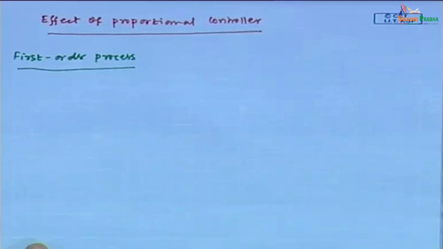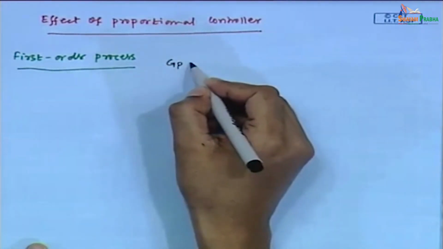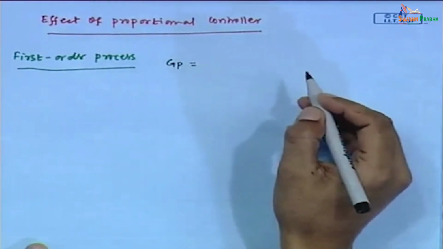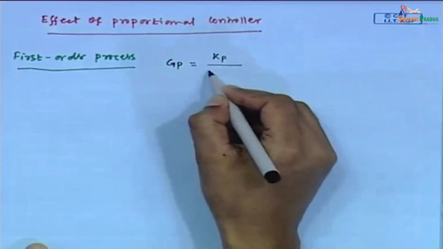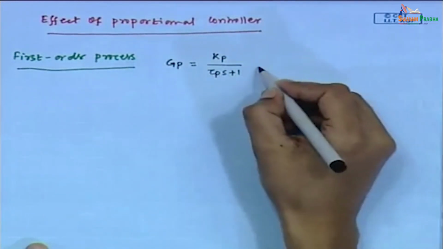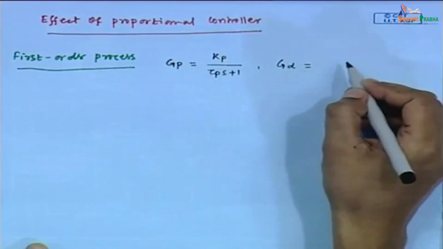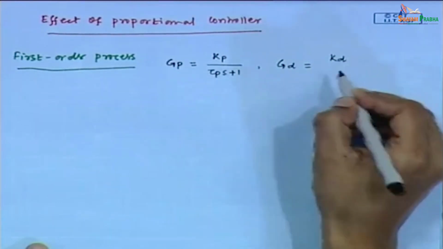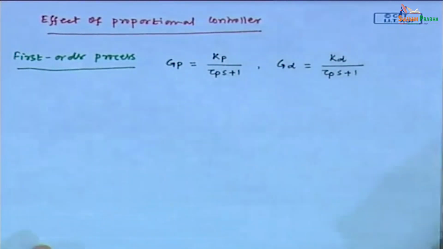For the first order process, we derived the transfer function G p as K p divided by tau p s plus 1. The transfer function G d equals K d divided by tau p s plus 1. The controller is proportional controller.